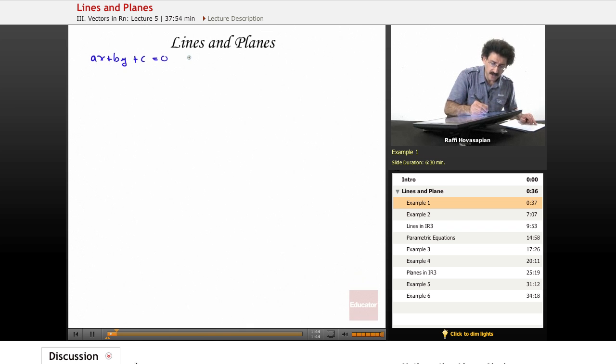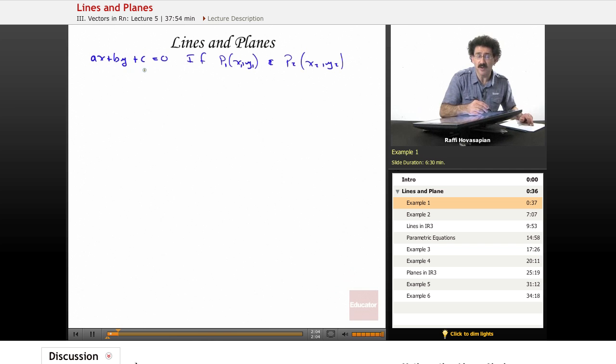Okay, well, if I have some point P1, which is x1, y1, and if I have a point P2, which is x2, y2, well, if these 2 points are on that line, then they satisfy the following.